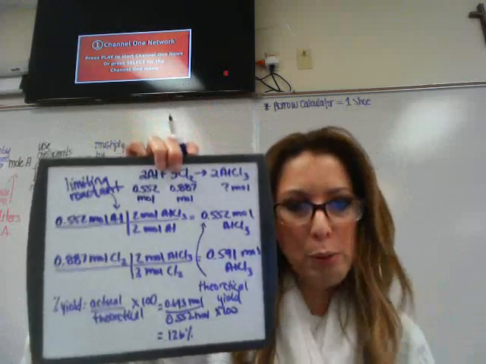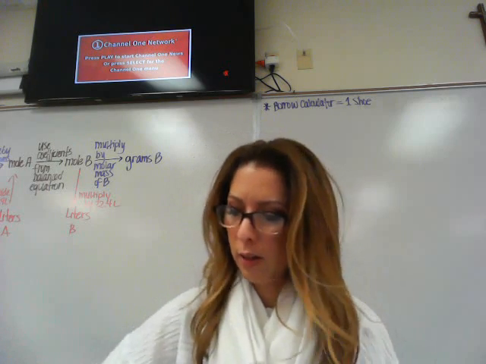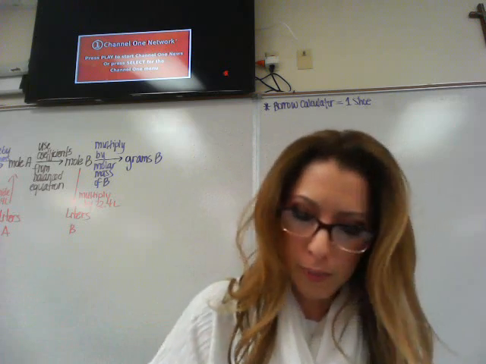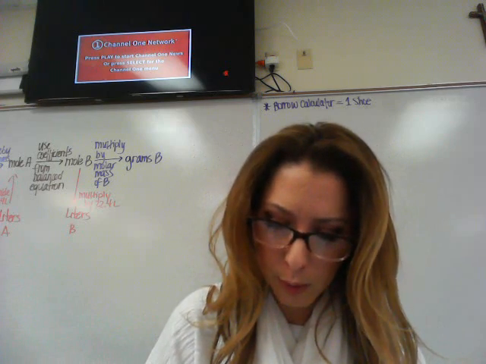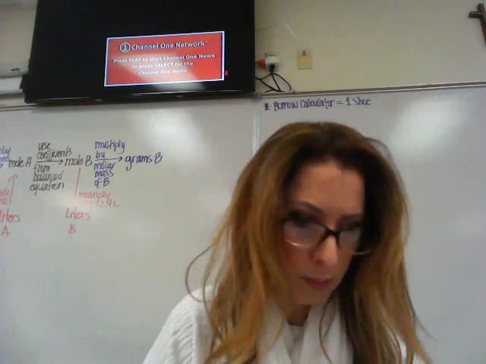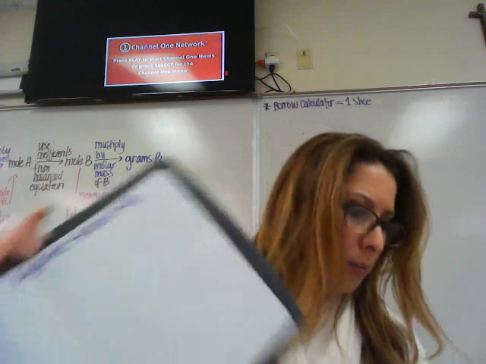So we've got one more sample problem, so I'm going to erase this. And we'll take a look at example 13. And I'm going to write out the balanced chemical equation first. Which is this.